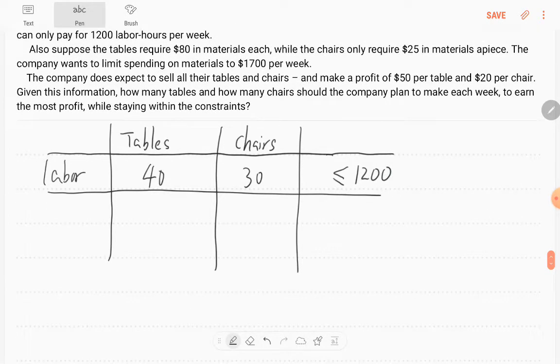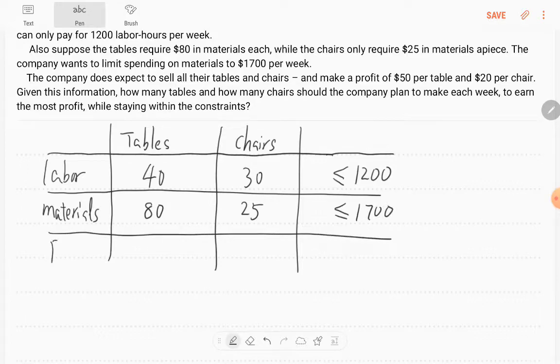And the second row represents the second constraint, which is the material spending. Materials: for each table, it will cost $80. For each chair, it will cost $25. So the company wants to limit spending on materials to 1,700. That means the total money should be less than or equal to $1,700.